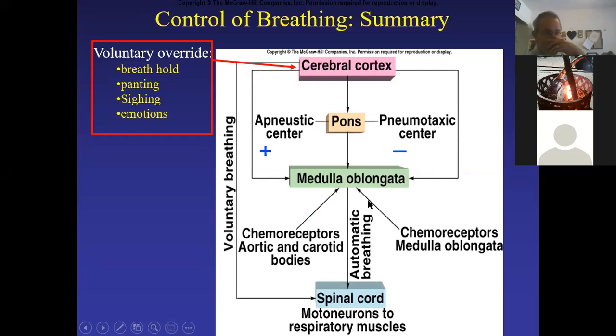There's another factor that we haven't spoken about. I'm just going to briefly mention it. And that is the fact that all this can be overridden by voluntary effects. For example, sighing, our emotions, things like that. For example, if somebody is in pain, right? Well, actually, that's not exactly voluntary, but pain can also influence breathing.